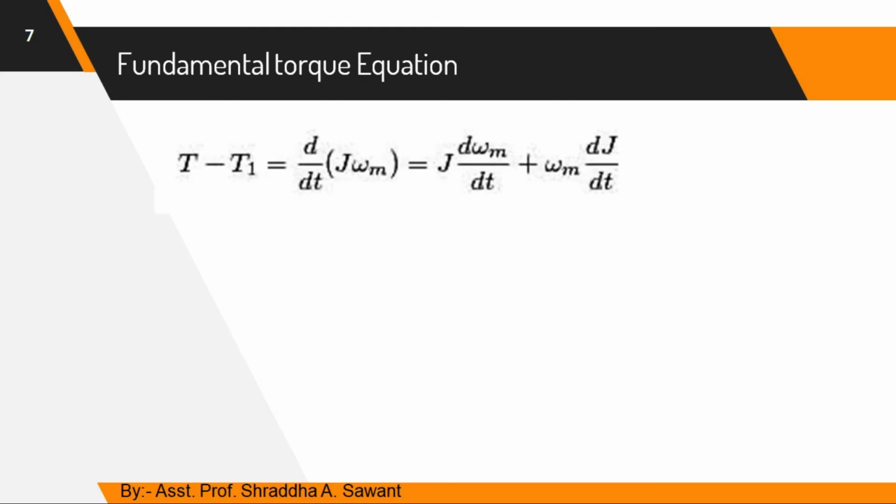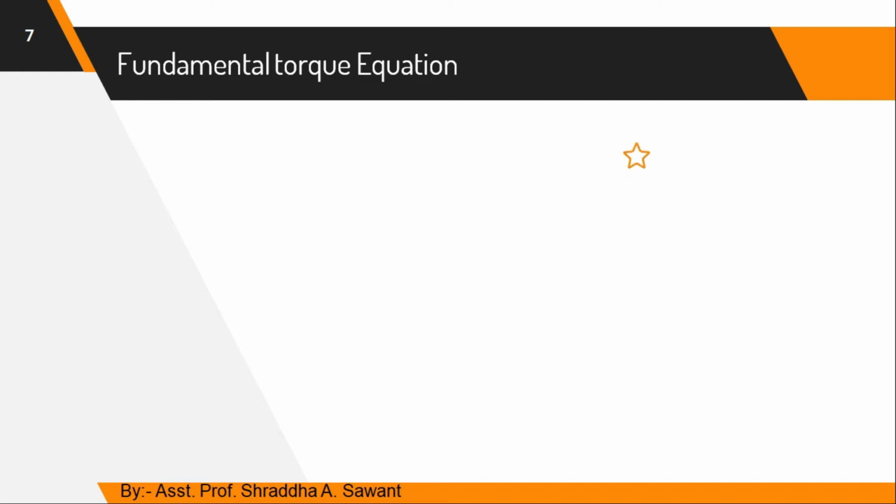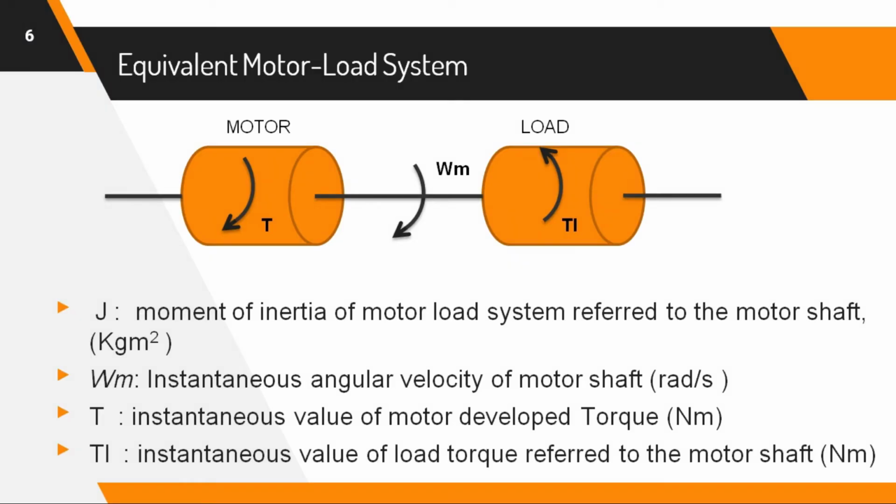So what is the equation? Load torque includes friction and windage losses of the motor, windage torque of the motor, and if we take this system, the load torque TL should be equal to T, as well as some other torques are also present.